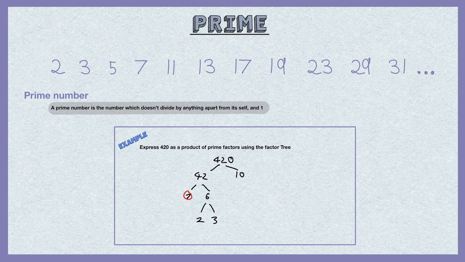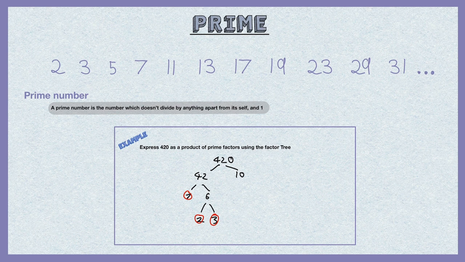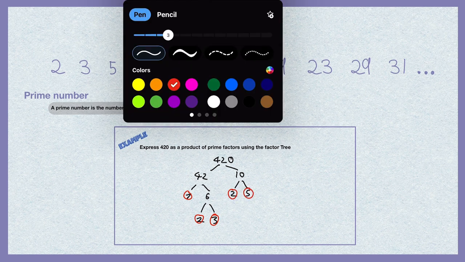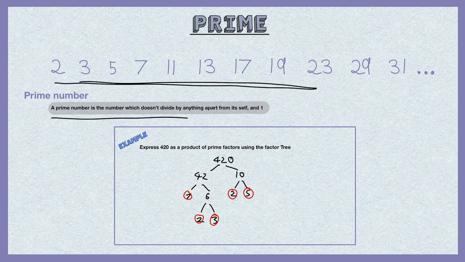And then the 2 is a prime number, and then the 3 is a prime number. And then we can go the other side of the tree using 2 and 5, and both of these numbers are prime numbers, looking at this row or using the definition.